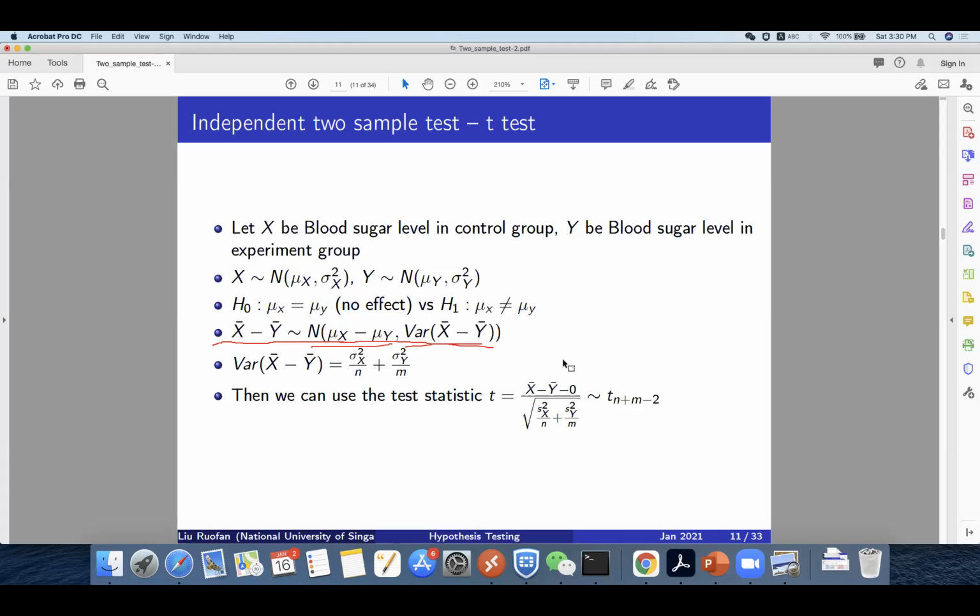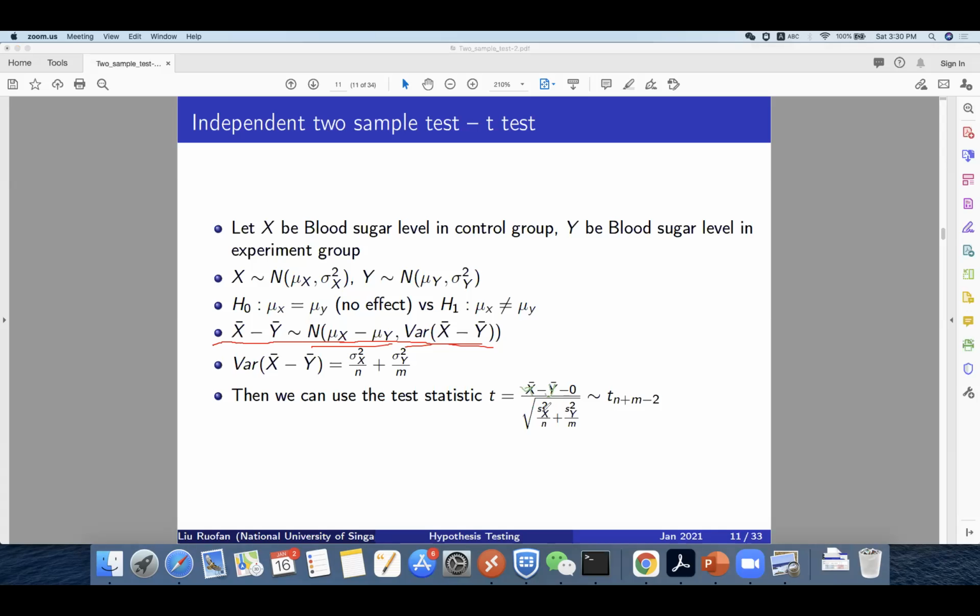Let me think about it. So here, x bar, y bar is a random variable. Oh, sorry, this is small x bar, and this is small y bar.